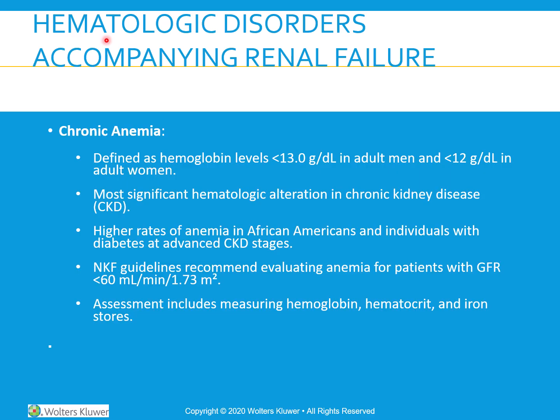So low oxygen levels in the blood tell the kidneys, hey, we need more red blood cells to increase our oxygen carrying capacity. The kidneys then pump out more erythropoietin, which directly increases red blood cell production. But when kidneys start to fail, we don't have that significant production of erythropoietin, and we often start to see anemia for that reason.